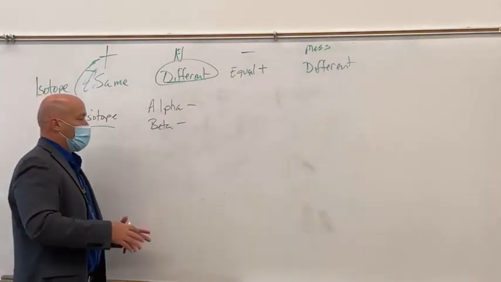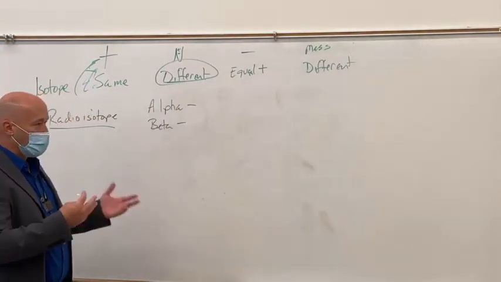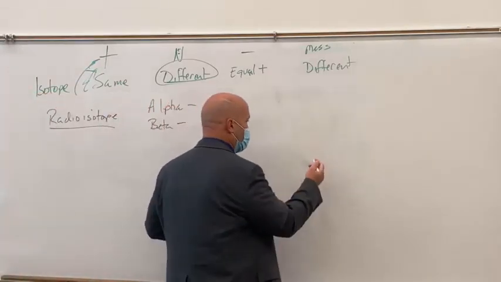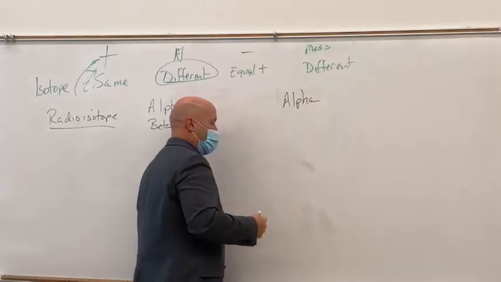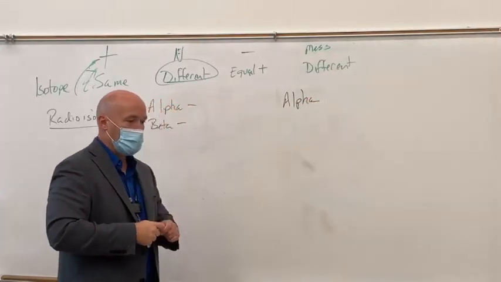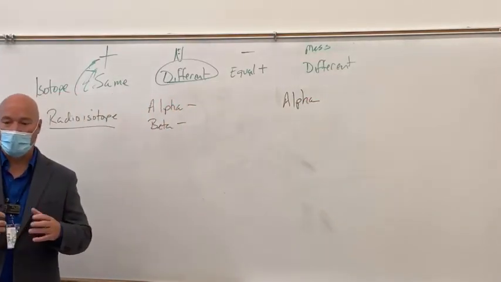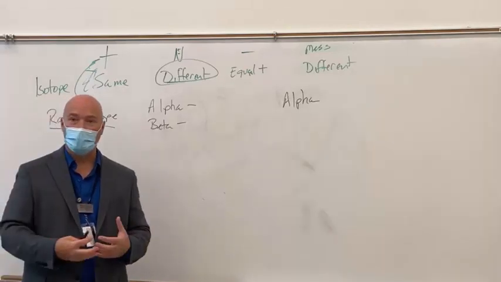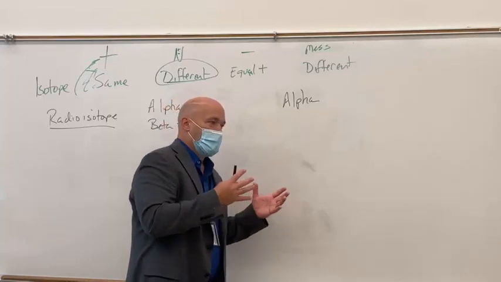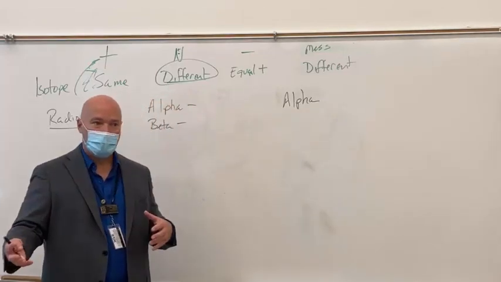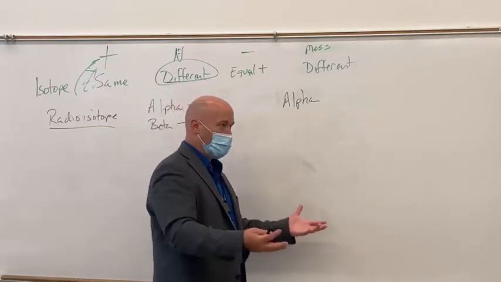And again, we're going to look at these differently, one at a time. And with alpha particle, just like in bonding, alpha emission, alpha decay, radioactive decay is the process of trying to become neutral or more stable.